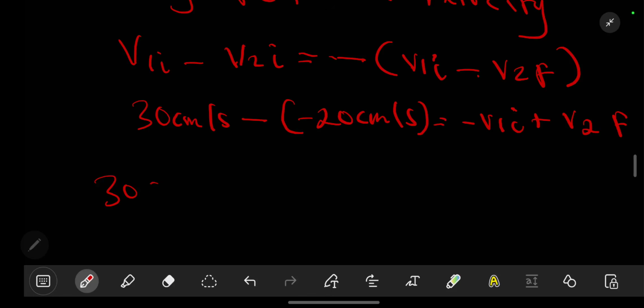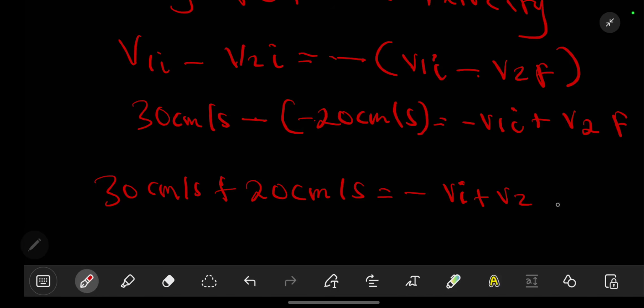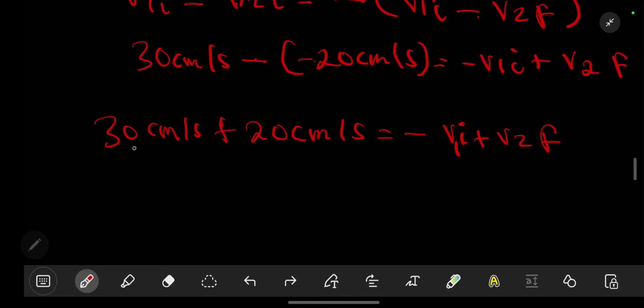So we are going to have 30 centimeters per second. Negative by negative, it will be positive 20 centimeters per second, should be equal to negative V1 final plus V2 final. So let's increase the font a bit.